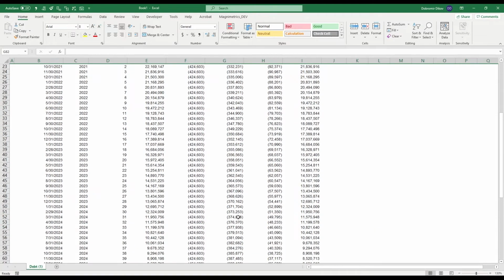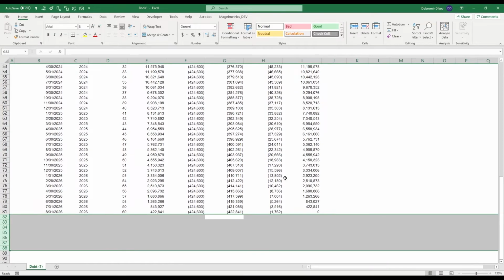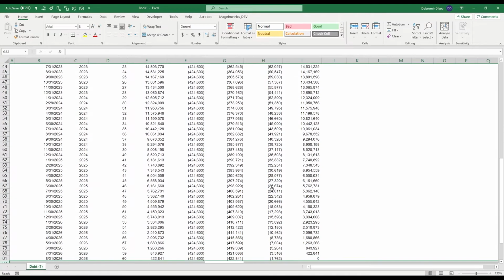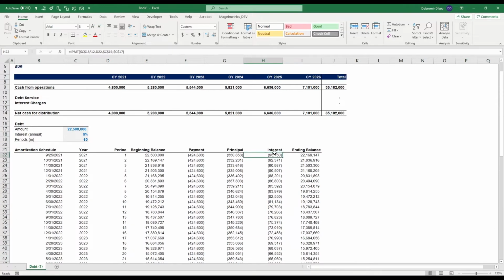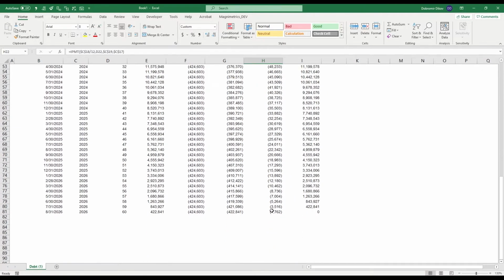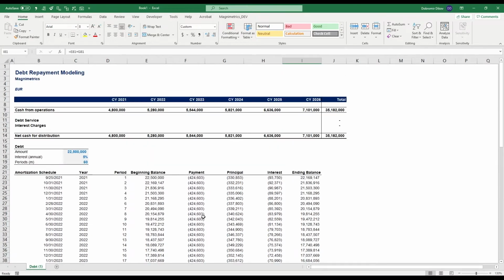And you can see that in 60 periods, the portion of the principal repayment increases and the portion of the interest decreases, because let's say here at the beginning we're paying interest over the total beginning balance, but here we're only paying over what's left here. And most importantly, at the end of the 60th period, we are at a 0 outstanding debt. That's probably the best way to model debt repayments and creating a full amortization schedule.